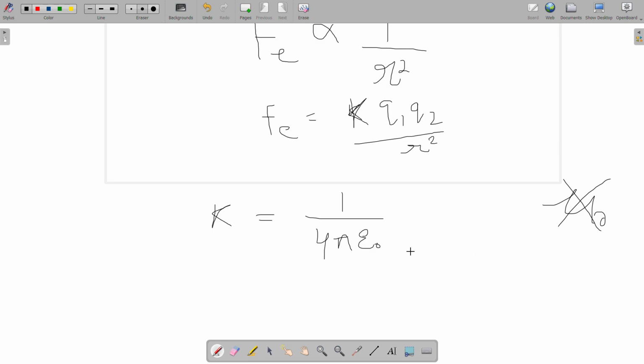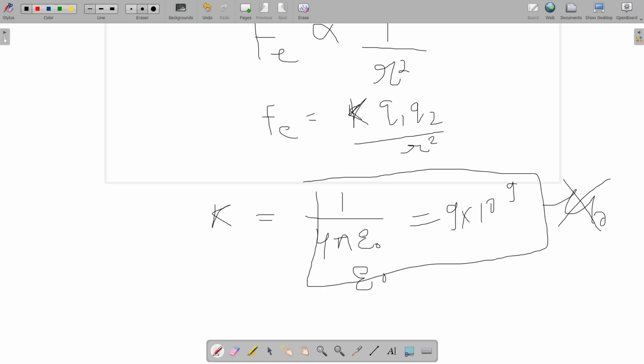So this K has a value of 9 times 10 raised to power 9, and epsilon naught, if you calculate it using 4 pi with pi equal to 3.14, you will get something around 8.85 times 10 raised to power minus 12.